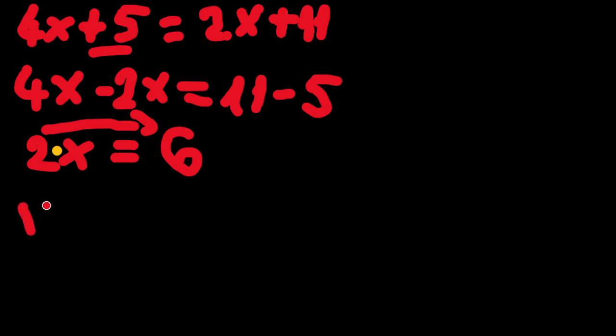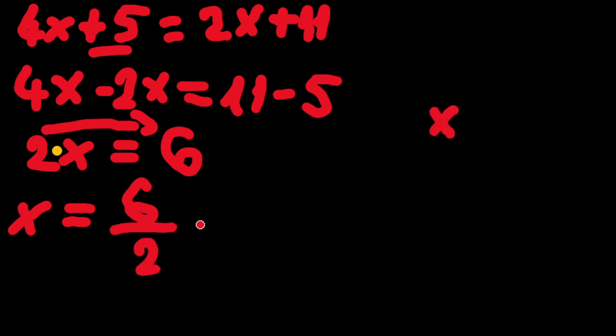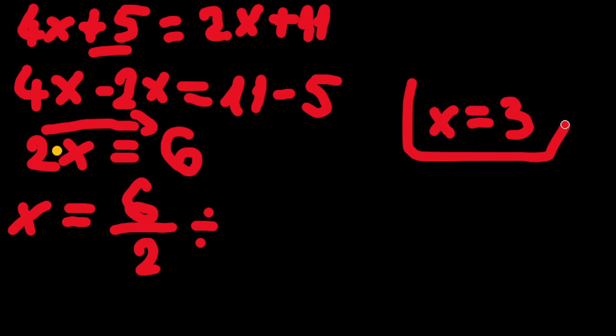So we're left with x equals, if we have multiply, then the opposite of multiply is divide. 6 divided by 2 equals 3. So the answer is x equals 3.